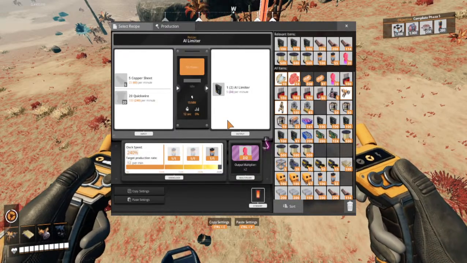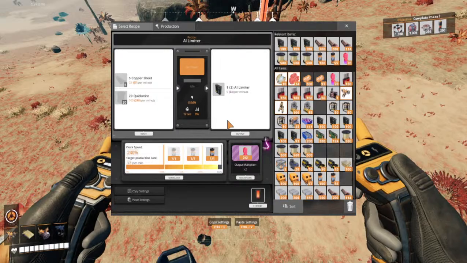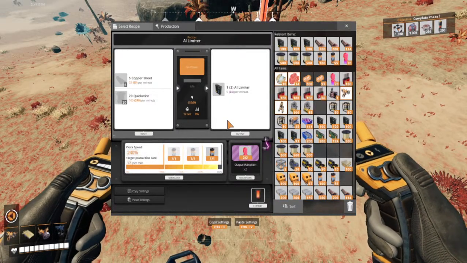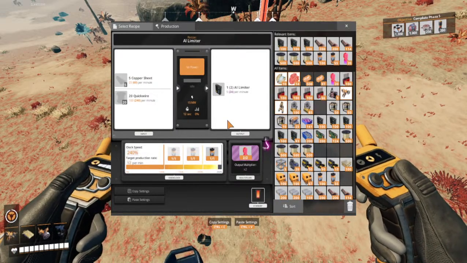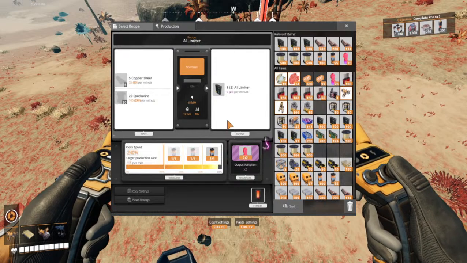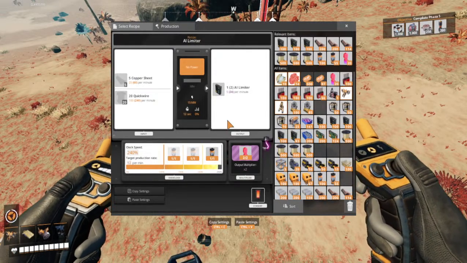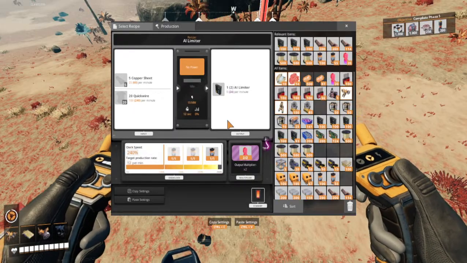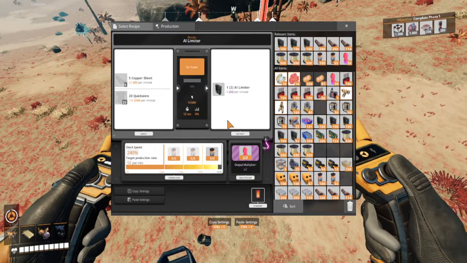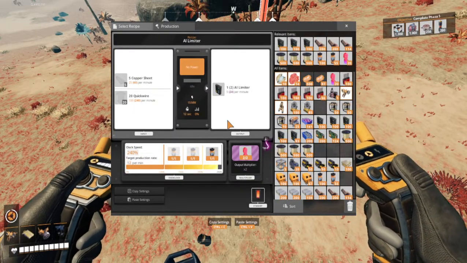And one assembler, 240 per minute, equals AI limiters. Okay, so that's my start.